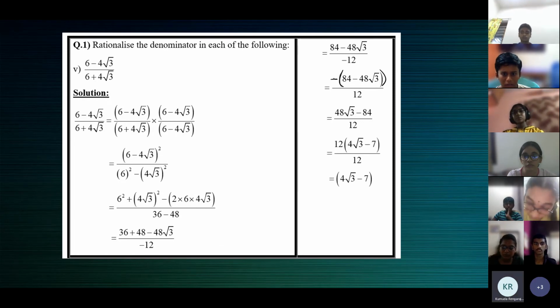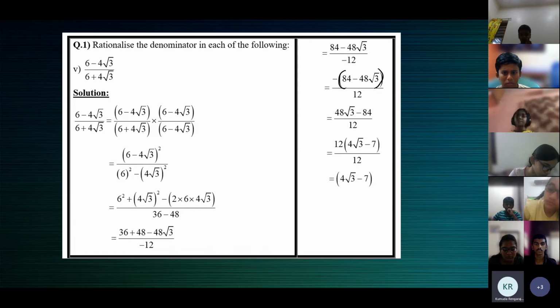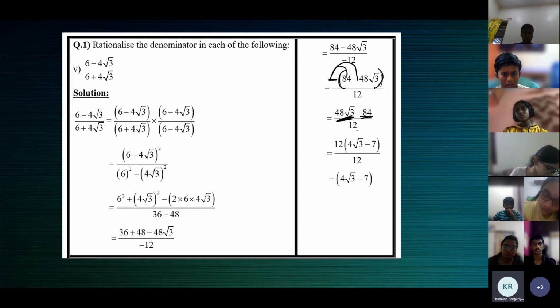So now what happens when you multiply the minus sign with the terms inside the bracket? It becomes minus 84 plus 48 root 3. That's what you see here. Take the minus sign to the numerator, so enclose the terms in a bracket and put the minus sign. Minus into minus 84, plus 48 root 3 here, divided by 12.